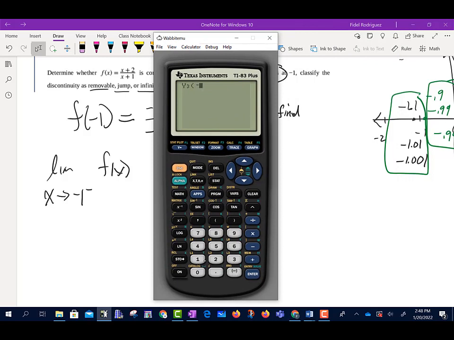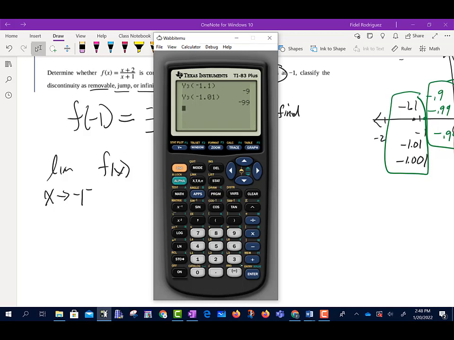Okay, let's try -1.1. Let's see, we got -9. Okay, so we're going to do this again. Y vars, function, the third one. Let's try -1.01. And I'm looking for a pattern. Okay, so look at what's happening with my numbers. My numbers are growing in the negative direction, right? Remember, these are my y values.